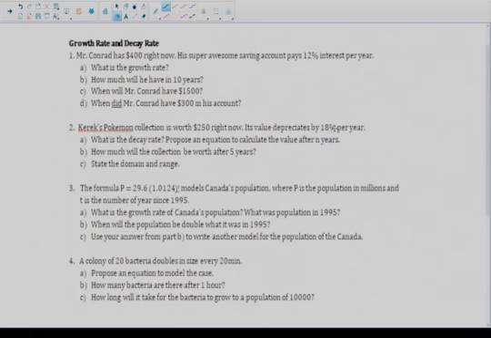My decay rate is 18%, because this is depreciating, it is decaying in value. So my decay rate is 18%. What would my B value be?